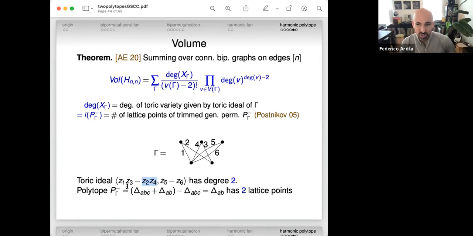And there's a nice theorem that I think I won't have time to really describe, which basically says that if you want to do that, then instead you can compute this polytope, which is a trimmed generalized permutahedron that can be obtained easily from this picture. I think I don't have time to give you the definitions, but the point that I want to make is that this computation I can do in my head, actually.